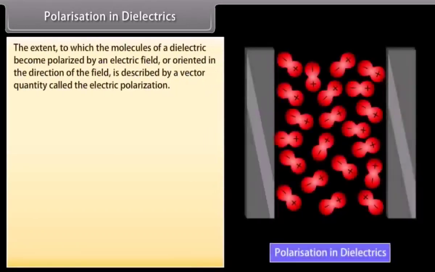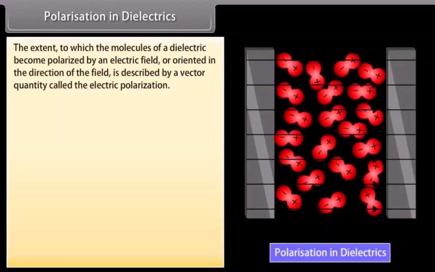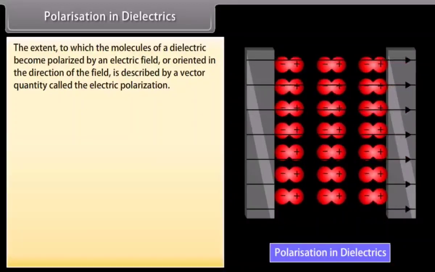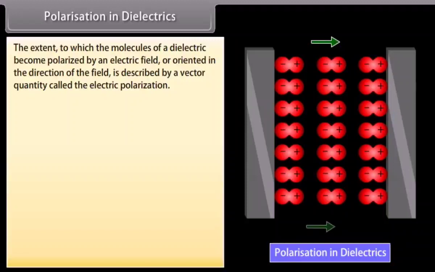Polarization in dielectrics. The extent to which the molecules of a dielectric become polarized by an electric field or oriented in the direction of the field is described by a vector quantity called the electric polarization.